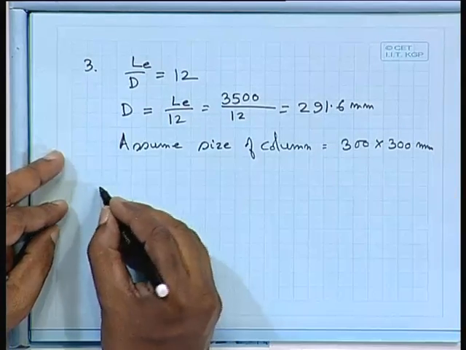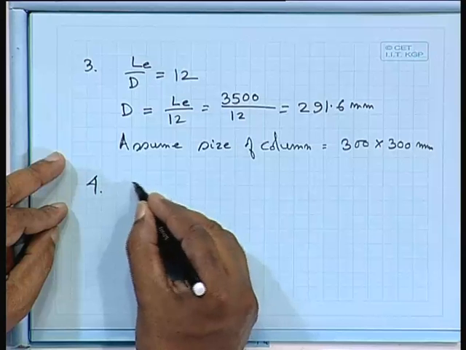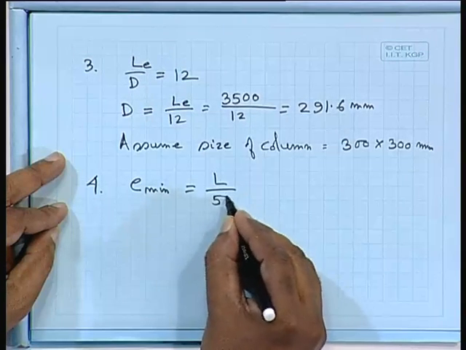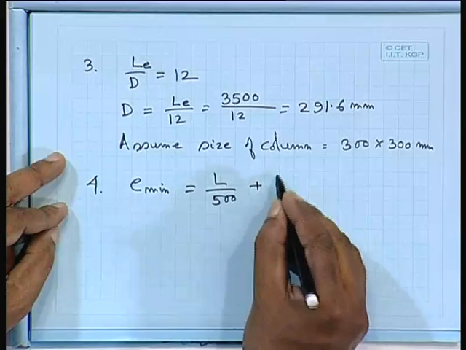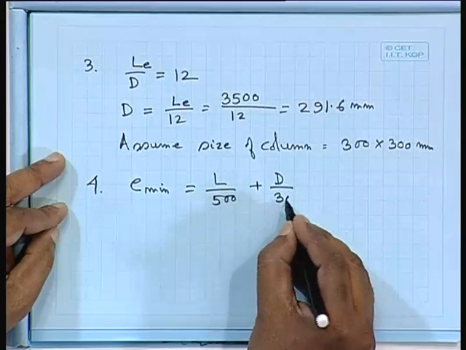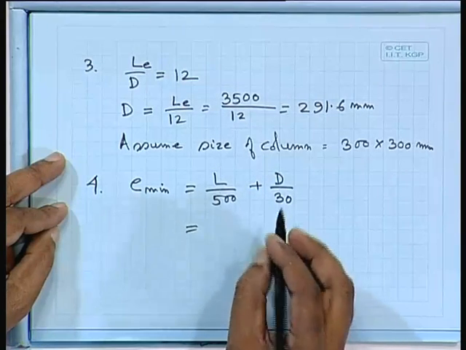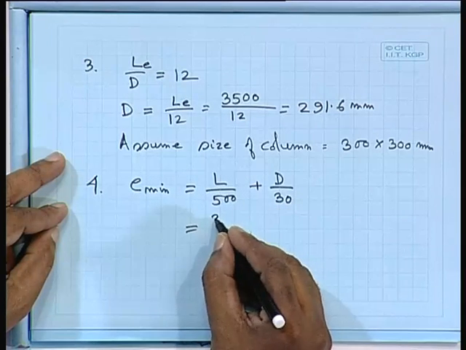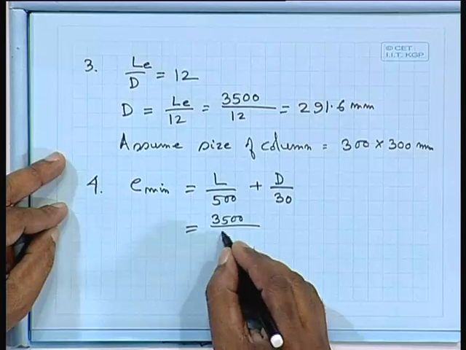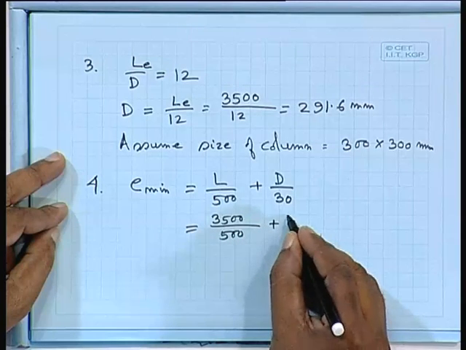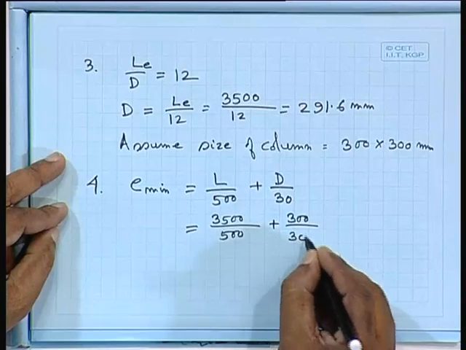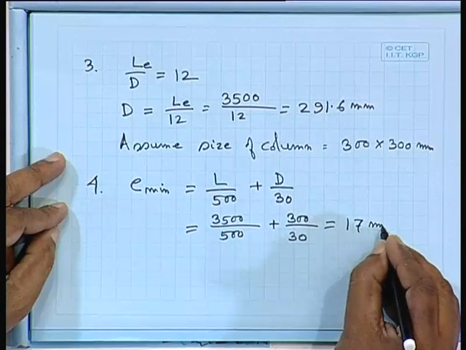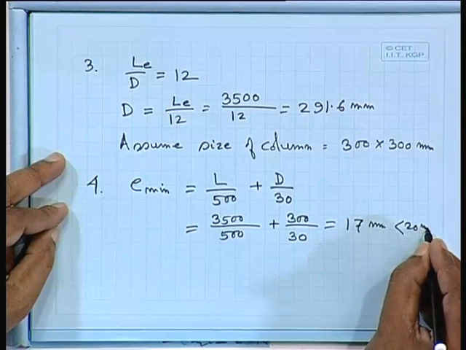What about the minimum eccentricity? As per the code, eccentricity minimum is L by 500 plus D by 30, which is 3500 divided by 500 plus 300 by 30, which comes as about 17, less than 20 millimeter.